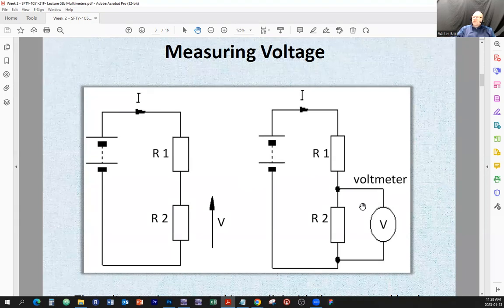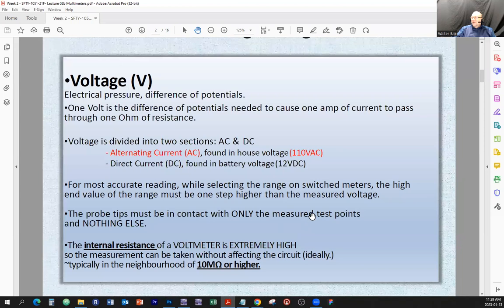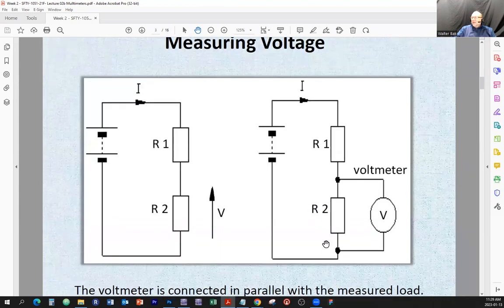In order to measure the voltage across R2 here, we're going to install the leads across the terminals of resistor number 2, which means this voltmeter is connected in parallel with the measured load.